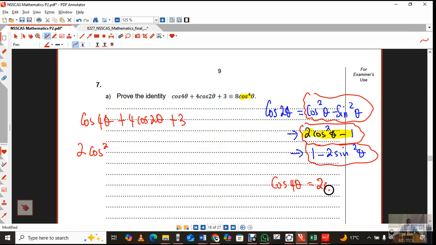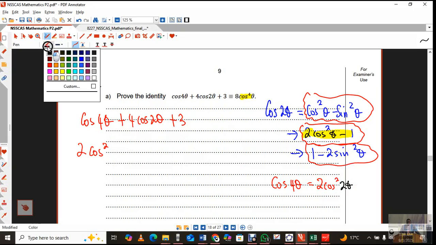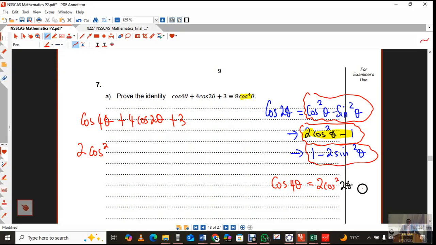So you'll still have 2 cos square, but in the place of theta now, you are going to have 2 theta, minus 1. So this ultimately is what I'm going to use to replace this one here. That's what I was doing there. So that is in the place of that whole cos 4 theta.